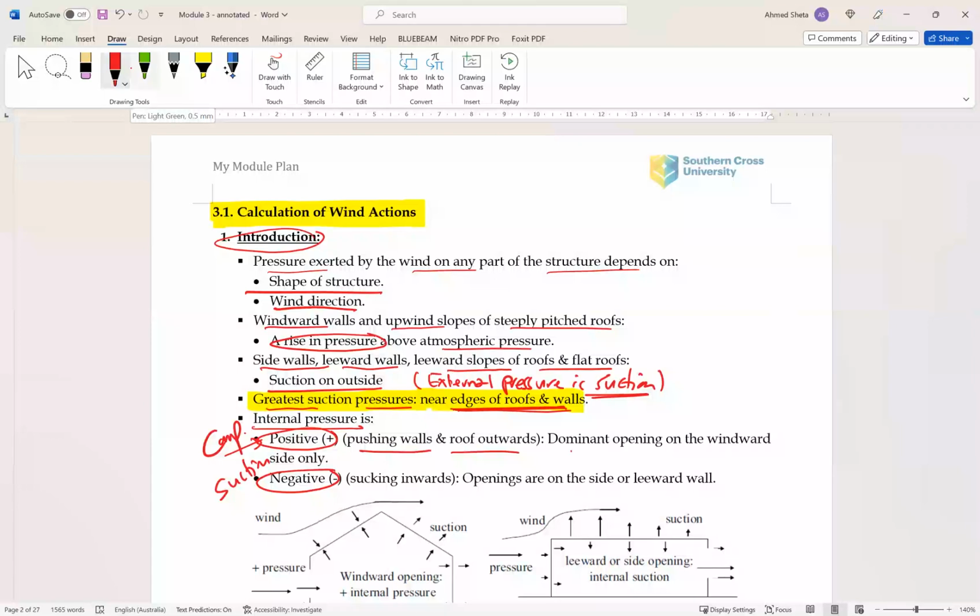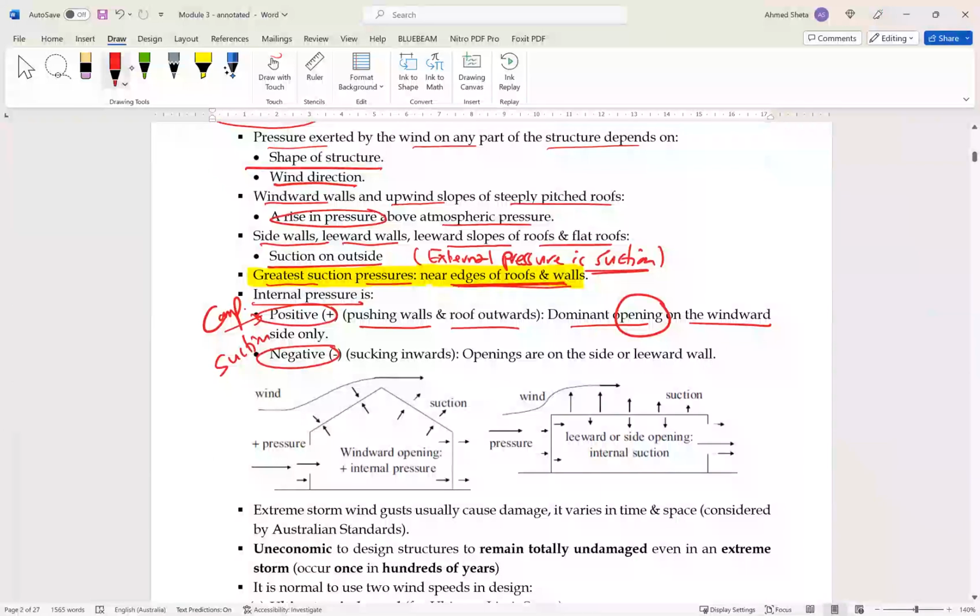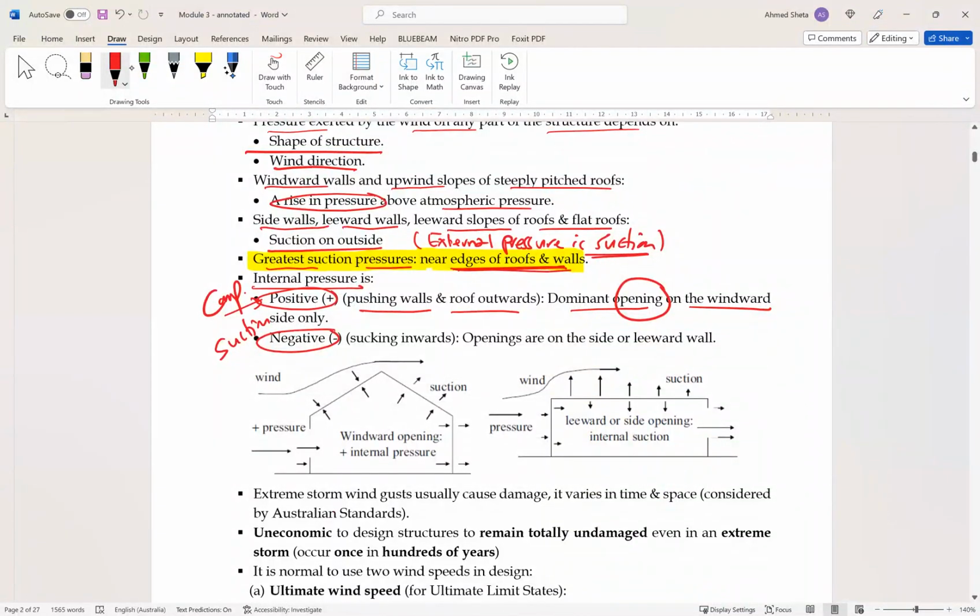In this case, there is a dominant opening on the windward side only. For suction, sucking the walls or the roof inwards, the openings in this case are on the side wall or leeward walls.